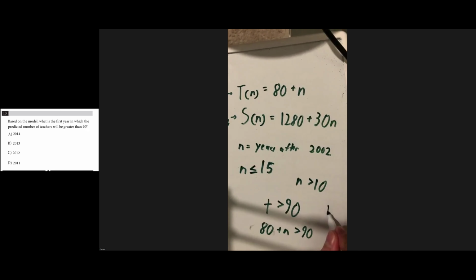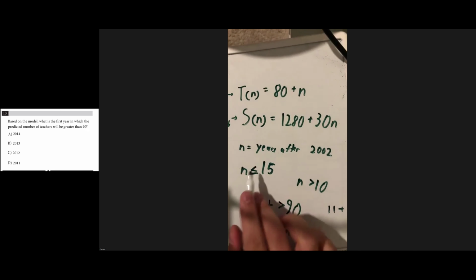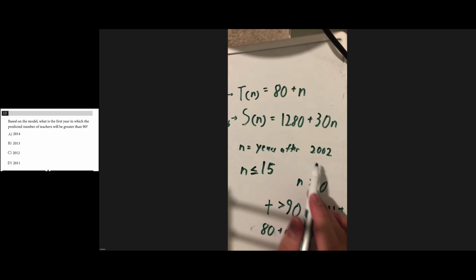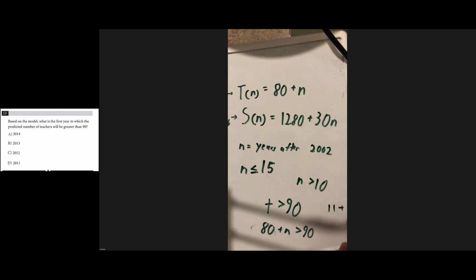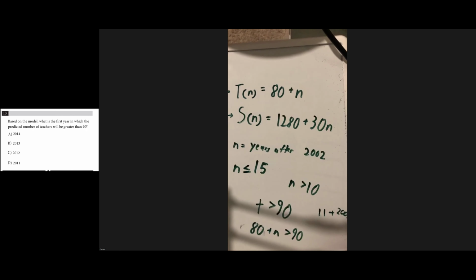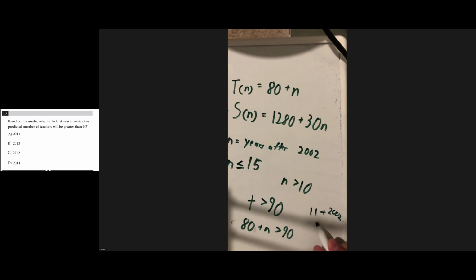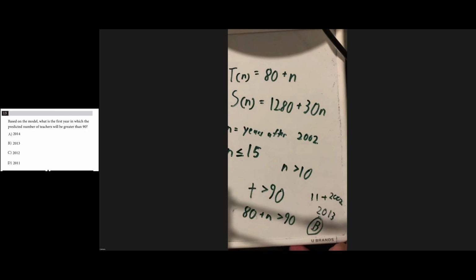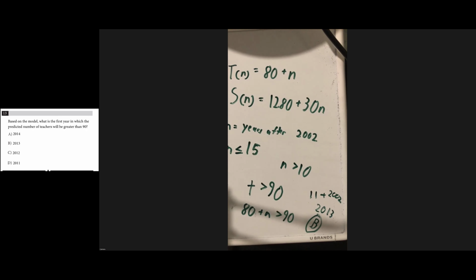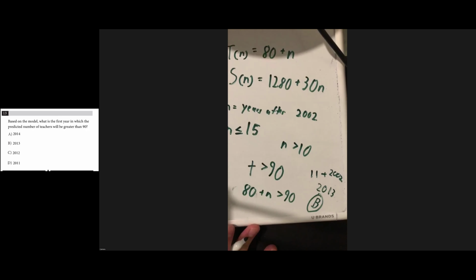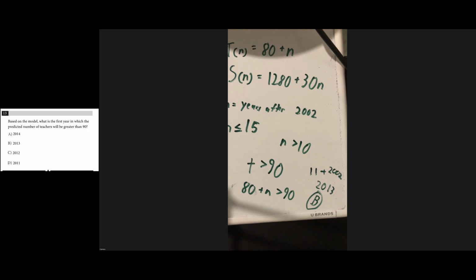It would be 11. So 11 is n, the years after 2002. So 11 plus 2002 would get us 2013, which is answer choice B. So the correct answer is answer choice B.